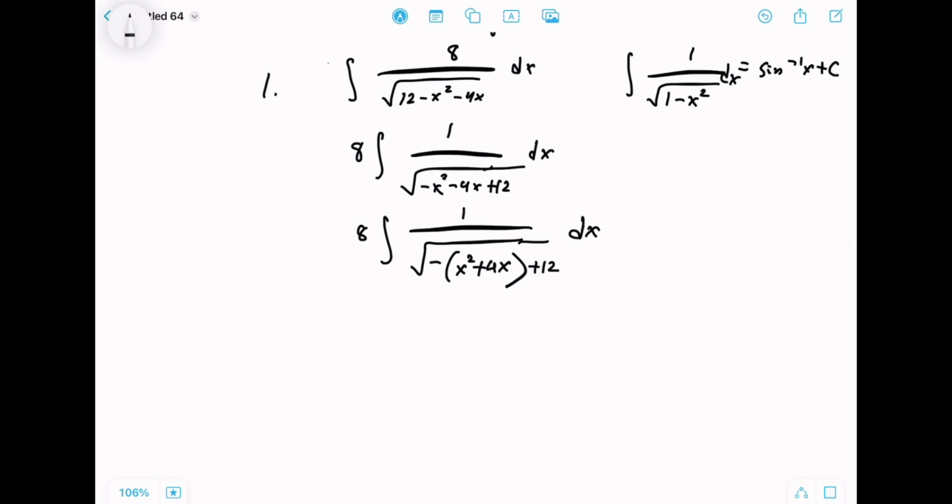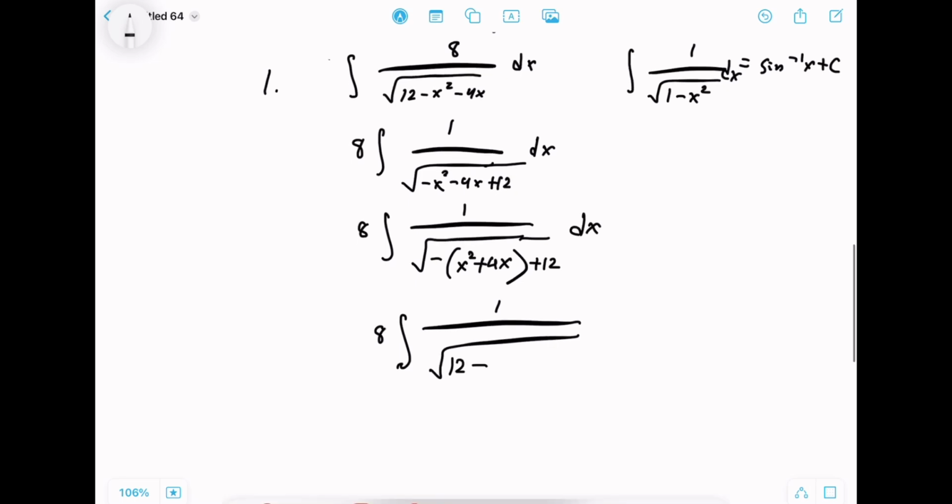So I'm going to get 8 times the integral of 1 over the square root of 12 minus, and now completing the square, I'm going to get x plus 2 squared. I introduced a 4, but it's really a minus 4, so I have to introduce now a plus 4.